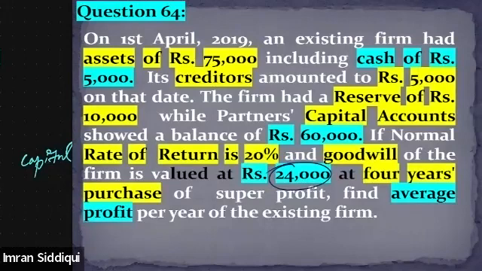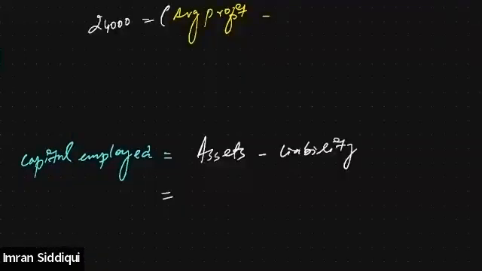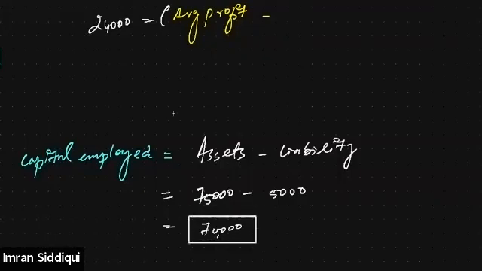So to determine the capital employed, we simply subtract 75,000 minus 5,000. That means the capital employed will be 70,000, right, everyone? Is this clear?